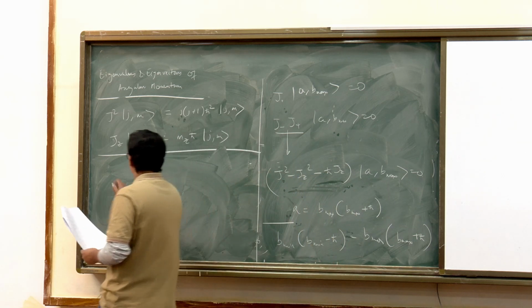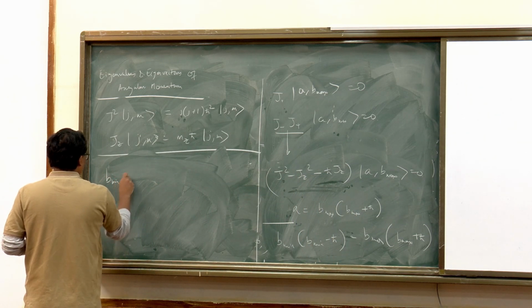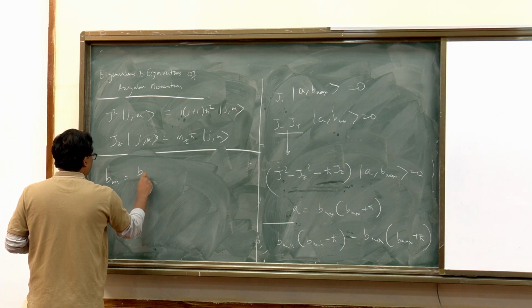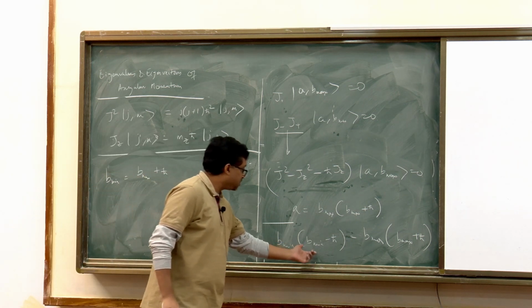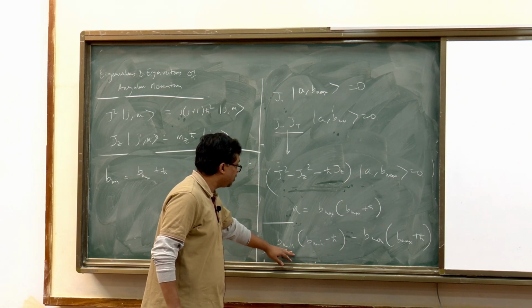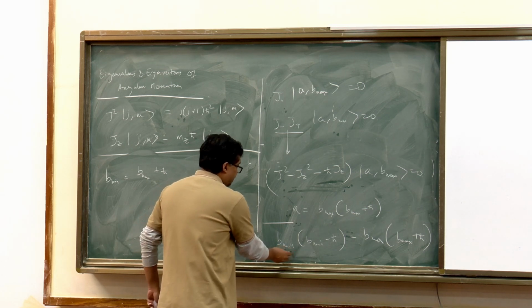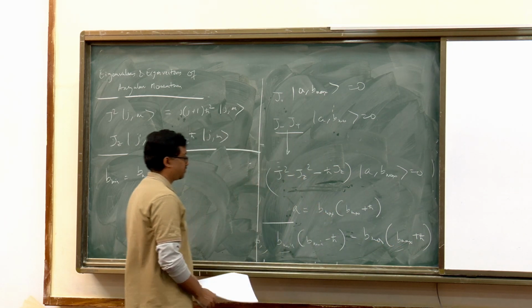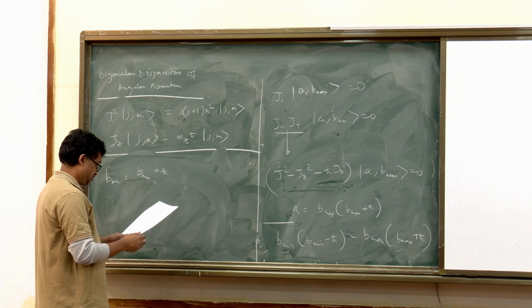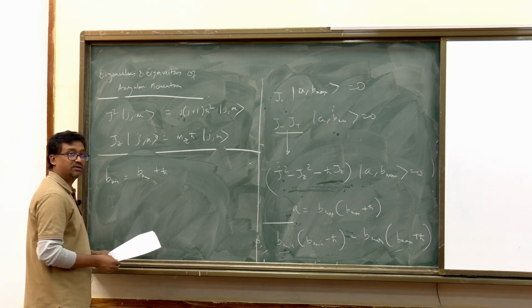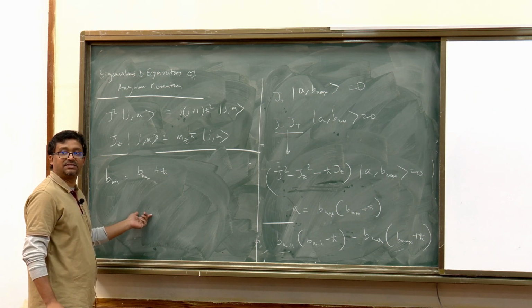Say I take B min is equal to B max plus h bar, right. Replace it with B max plus h bar, because all I am doing is equating this and that. That will hold, but that does not make any sense, right.